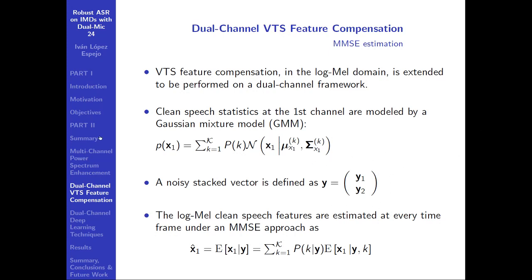So from these two elements, the log-Mel clean speech features can be estimated at every time frame under a minimum mean square error approach this way, where we can differentiate between two main components, I mean the clean speech partial estimates and the set of posterior probabilities.